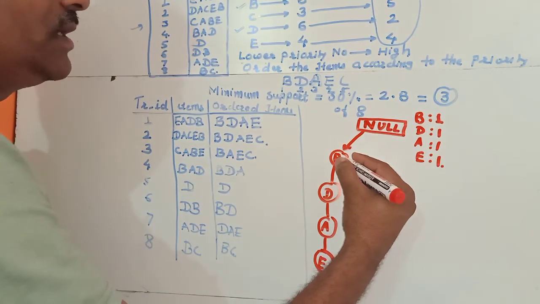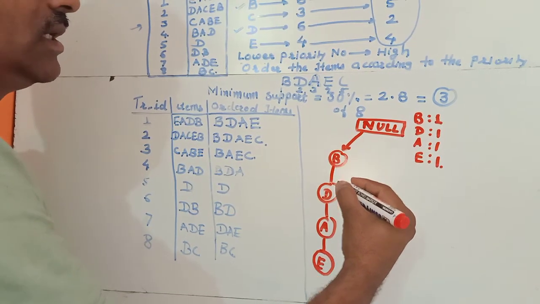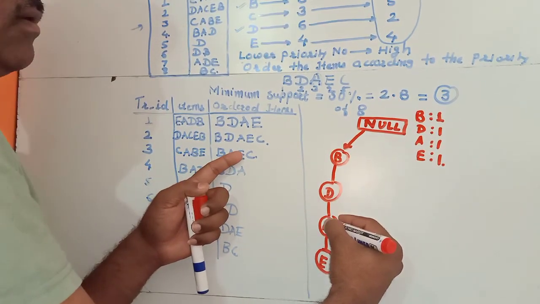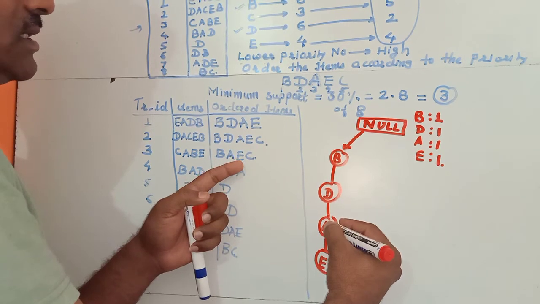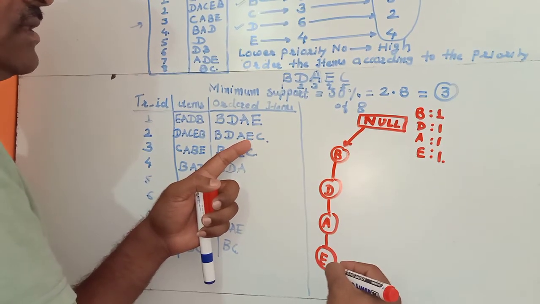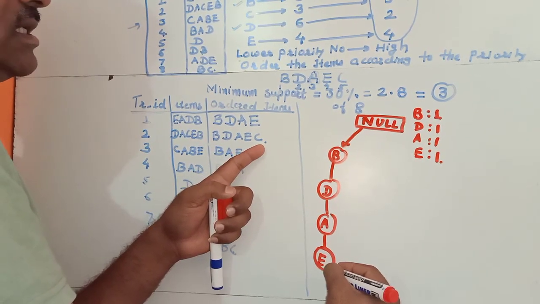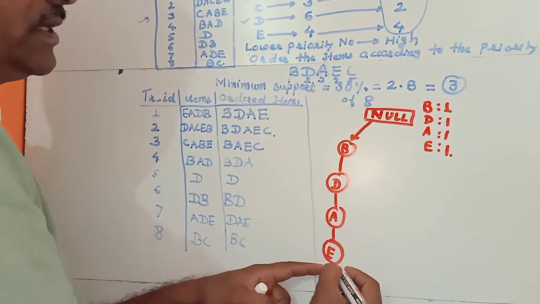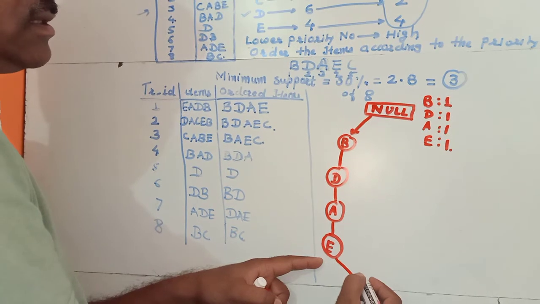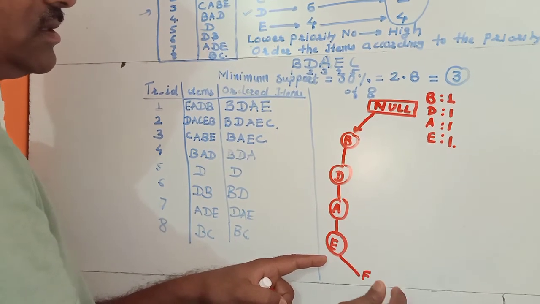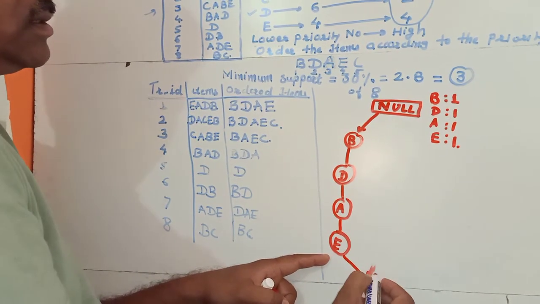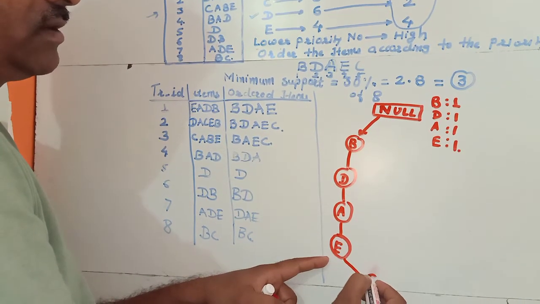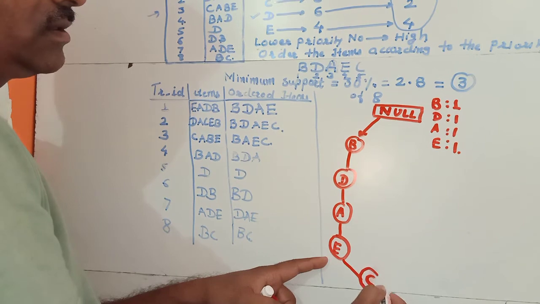B we have, D we have in the sequence, A we have in the sequence, E we have in the sequence, but C is not present in the previous list. So let us extend this sequence, because C is left, so we will write down C over here, right?